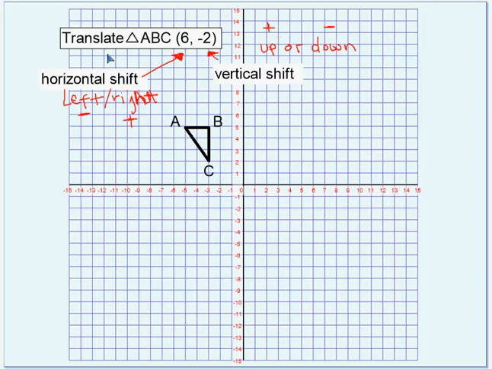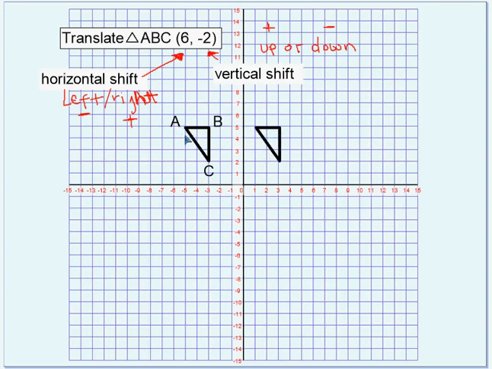So we need to translate this. We're going to move each of these points 6 units to the right and 2 units down. So we're going to go 6 over, so how many did I go there? 1, 2, 3, 4, 5, 6. Do you see what I was doing? I was just counting across.